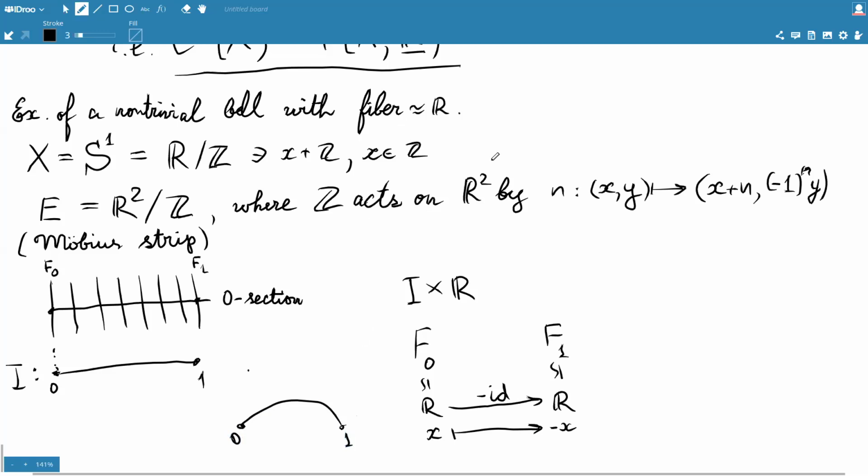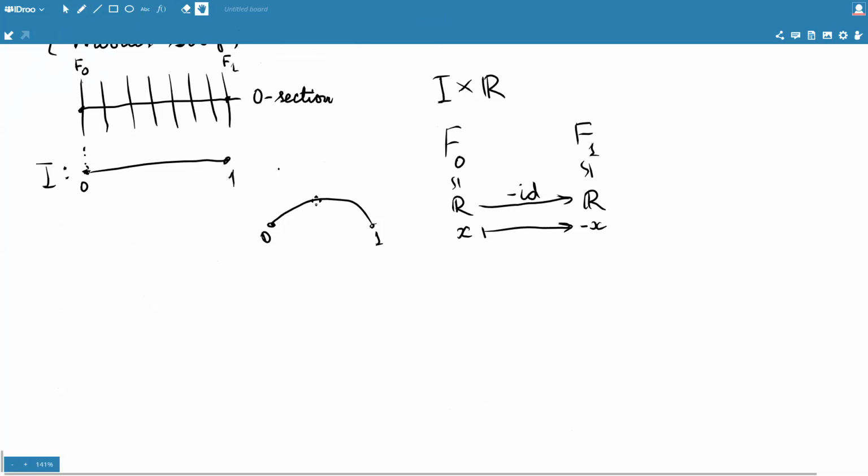If you take this vector bundle over the unit interval and then identify the two ends of this interval, you obtain S1.